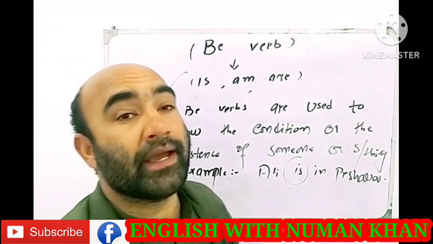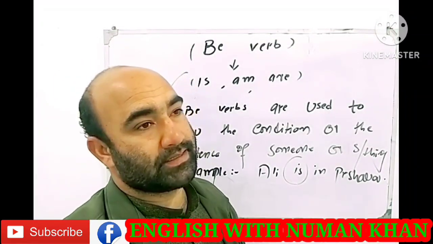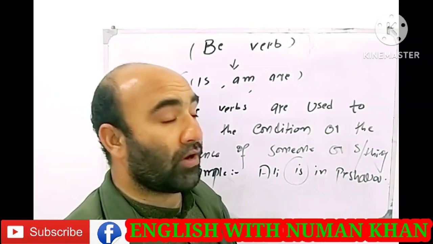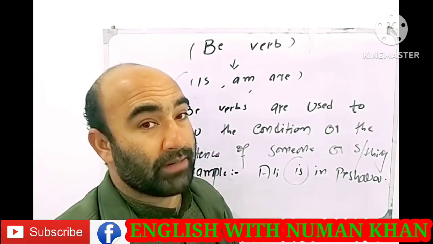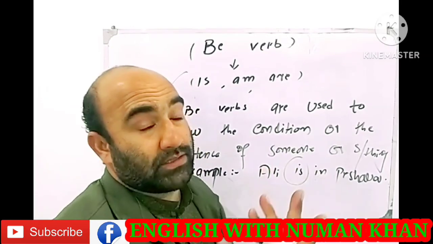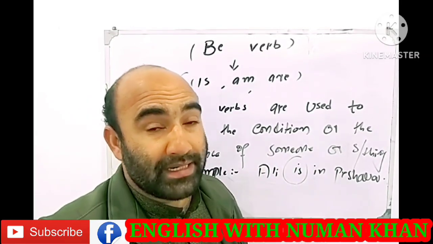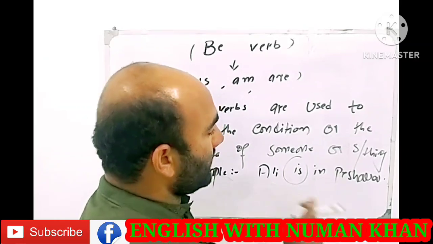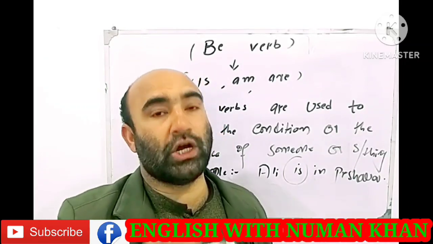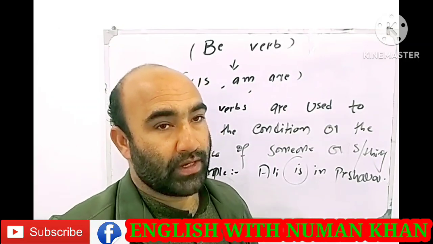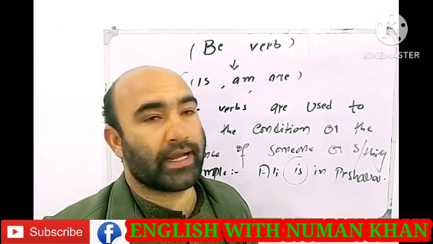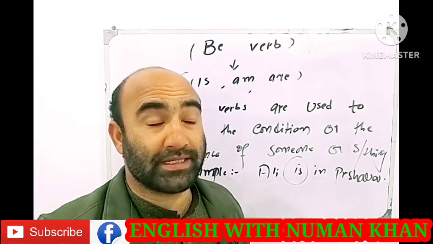Ali Peshawar mein hai. This is simple present tense, keep in your mind. You might be thinking, how? This is present indefinite or present simple tense, because it shows us the present time. You might be thinking that "is" does not do... They come in present continuous, in the present simple tense.